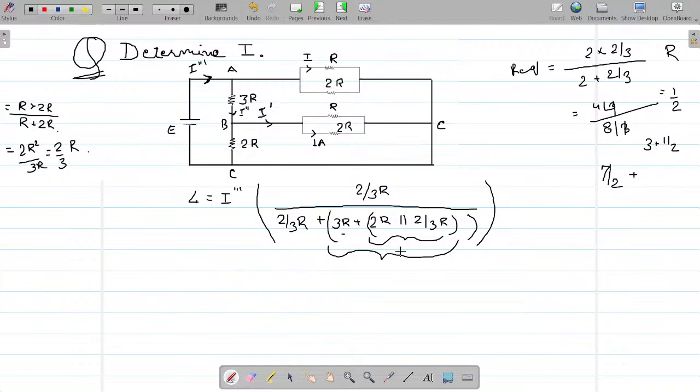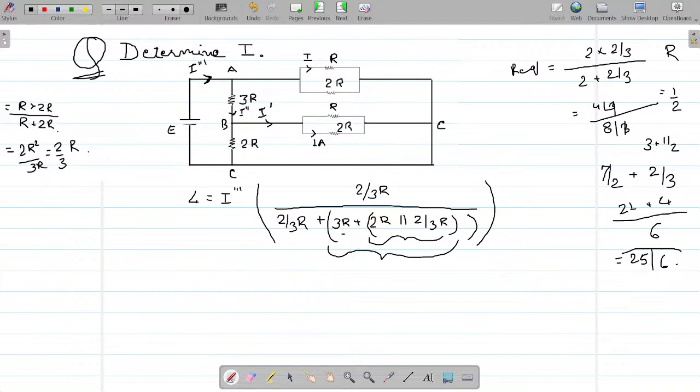I am just solving this denominator here in the rough column for you. This would be what? 6, 2, 3 sevens are 21, right? Plus 2, 2 twos are 4. Does that become 25 by 6?